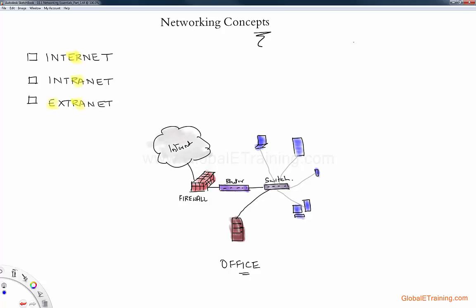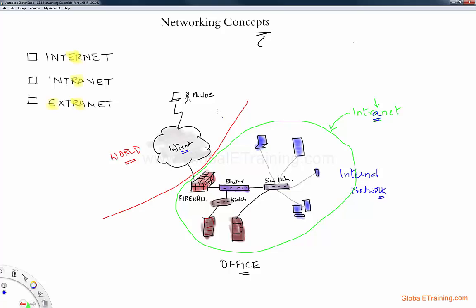Now here, what you have is the internet. We'll talk in a bit about what the internet is. Your office location is referred to as intranet. It could be one office location, two, three, maybe located in different countries, but they are intranet, local to your network.